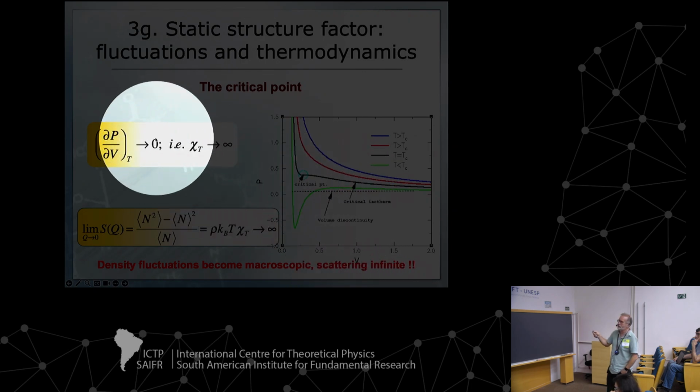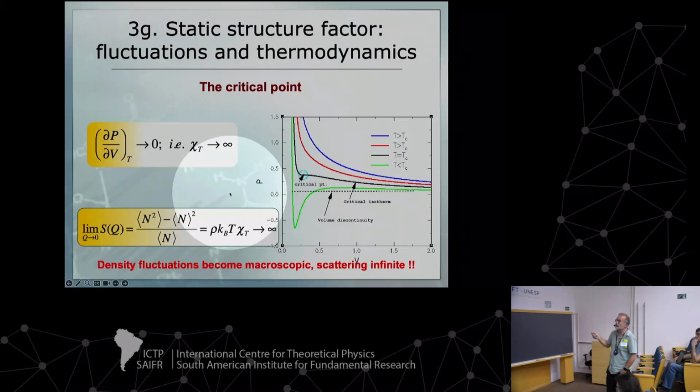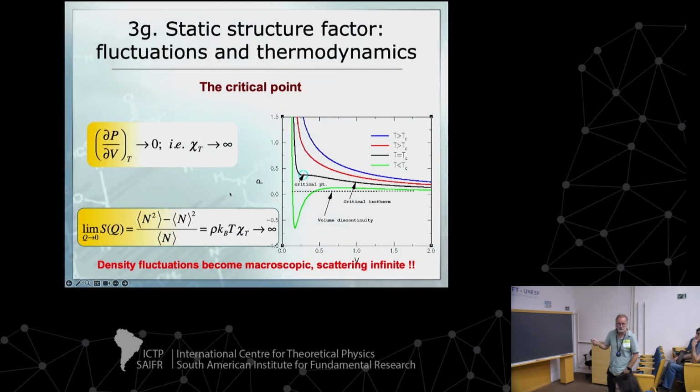That means infinite compressibility, and that is the critical point. That means divergence in the density fluctuations, that the fluctuations in density become macroscopic, implies infinite scattering.